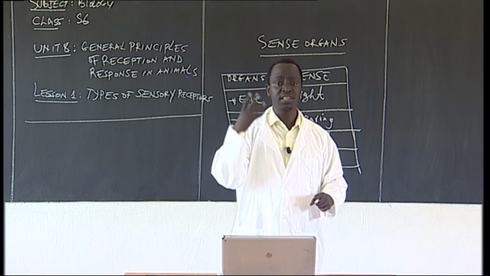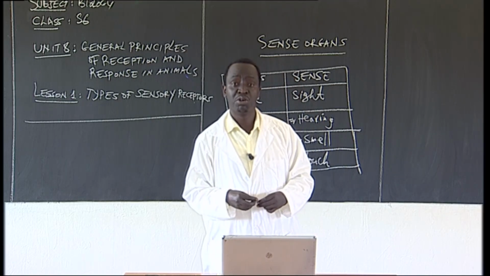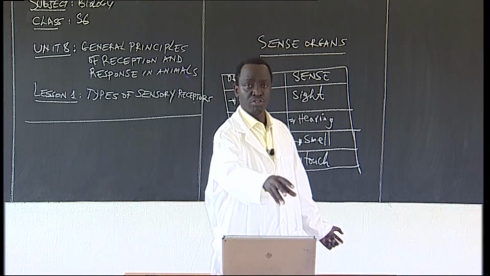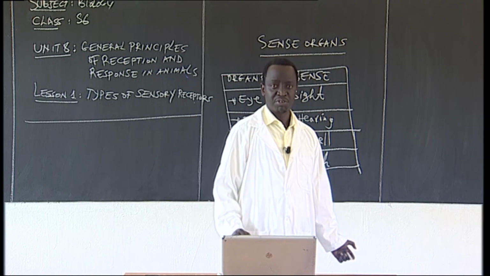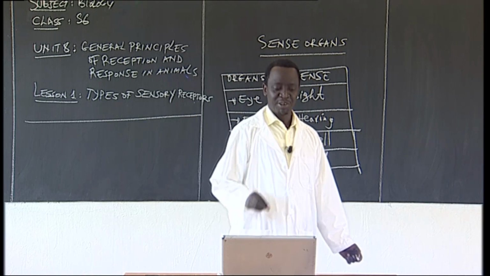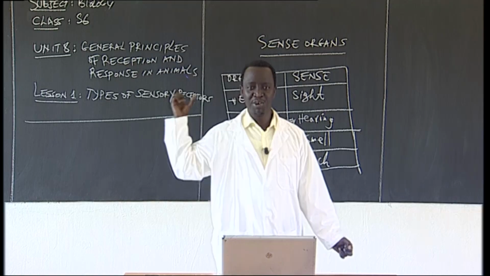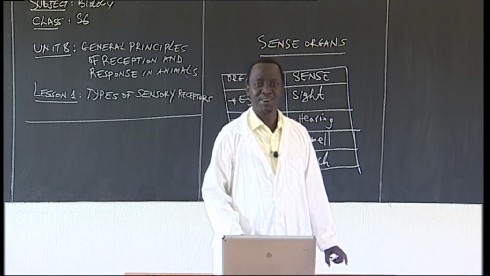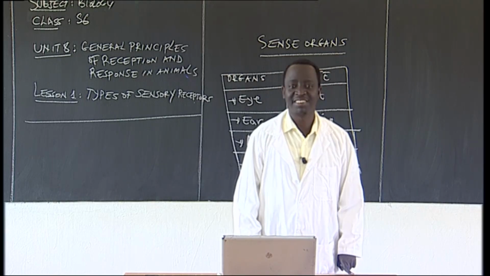Not only touching you, you can, for example, touch a hot object. What are you going to do when you touch a hot object? You remove your finger quickly. Why? Because you have these sense organs that can sense this.